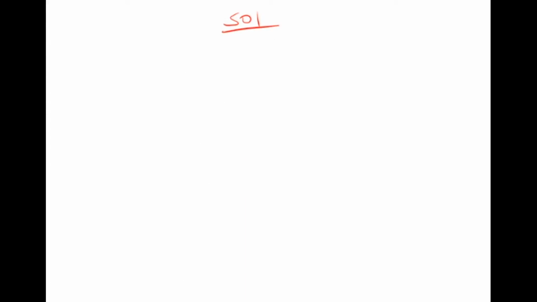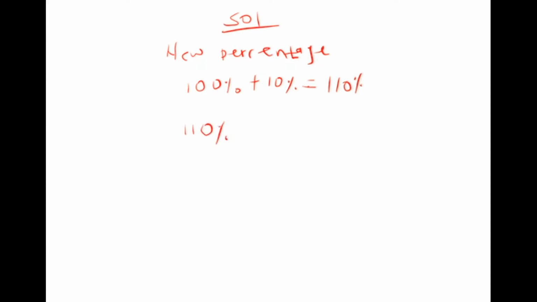So the new percentage, we shall take 100%, add this 10%, which will give us 110%. That is the new percentage, which is equivalent to 9,900 trees which were planted in May.